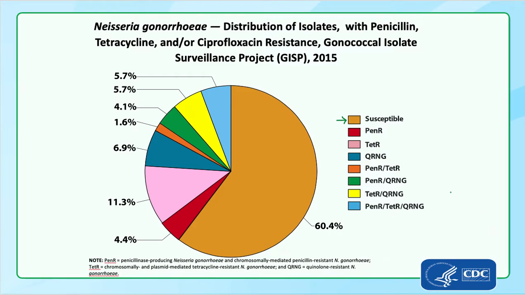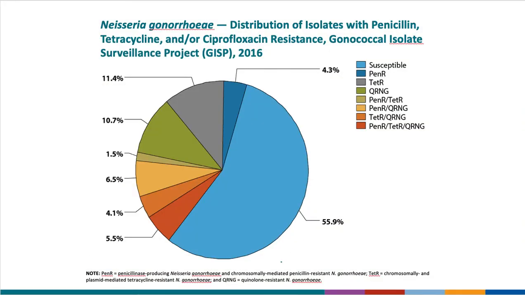And in this one right here is the multi-drug resistant gonorrhea that's resistant to penicillin, tetracycline, and one of the quinolone drugs. QRNG stands for quinolone resistant Neisseria gonorrhea. All right, so just about 6% are multi-drug resistant, 60% are susceptible to all antibiotics tested. And then in the next year, 56% of all isolates were susceptible to all antibiotics tested, with roughly the same amount being multi-drug resistant.